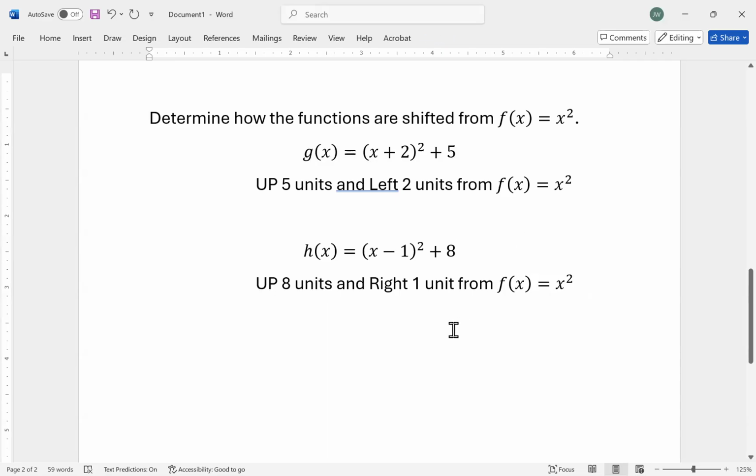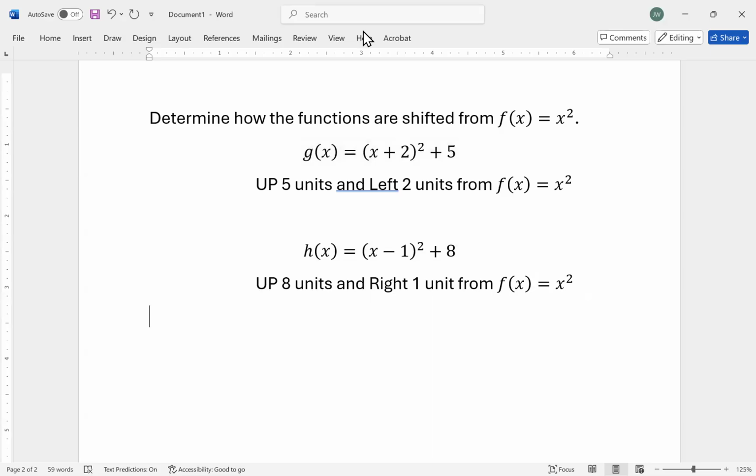By the way, if you ever have a question about being right on your shifts, then you can obviously graph it on your calculator or on Desmos and see how it goes.